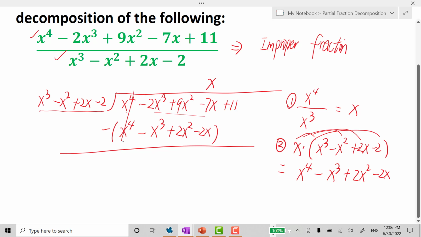Minus 2x cubed, minus the negative x cubed, turns positive, giving minus 1x cubed. And 9x squared minus 2x squared is 7x squared. And minus 7x plus 4x is minus 3x, plus 11.